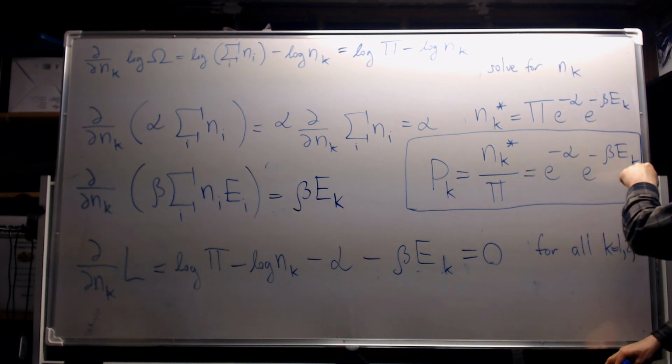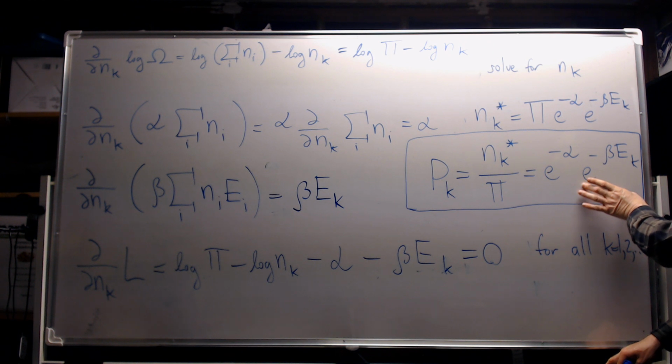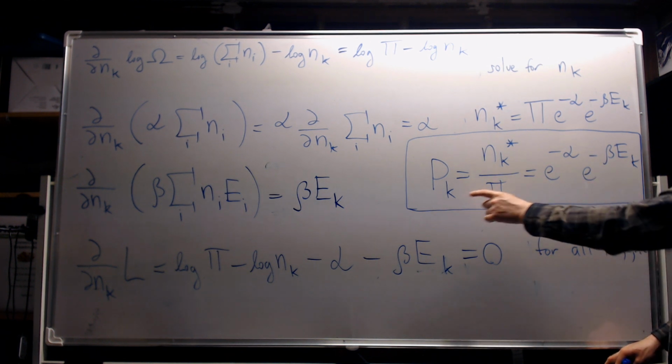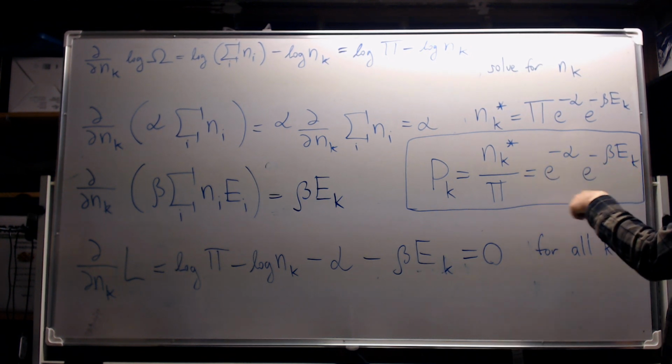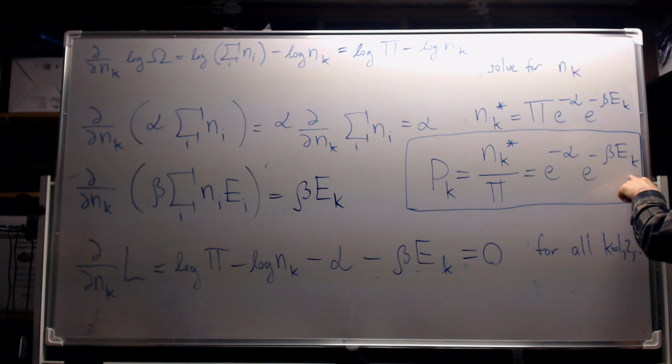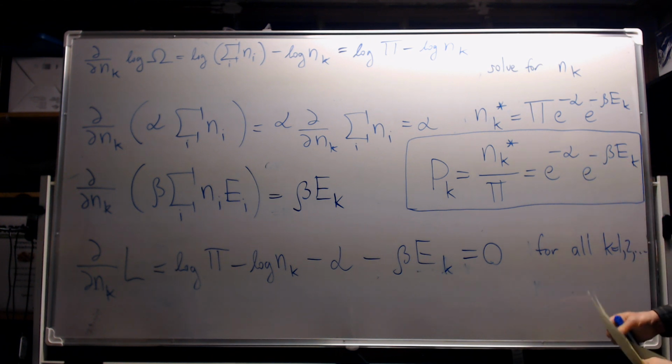Microstates that have large energies are less probable, less likely to be found at a given temperature, volume, and number of particles than microstates that have a smaller energy. So the largest probabilities are for the microstates that have the lower energy levels. And microstates that happen to have large energy levels will have relatively small probabilities, exponentially so.